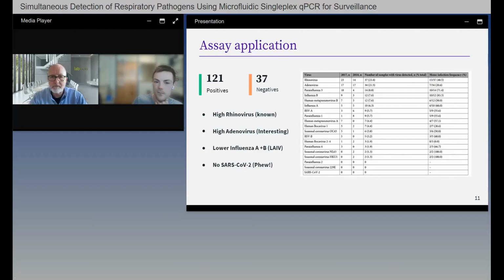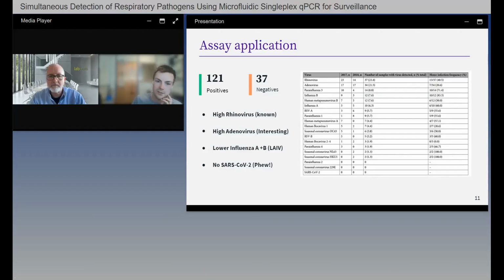I don't think it was commonly reported that adenovirus is circulating that much in West Africa. But I think maybe more research is needed into how much adenovirus is circulating, and also what strains, because how severe adenovirus can be is very strain dependent.